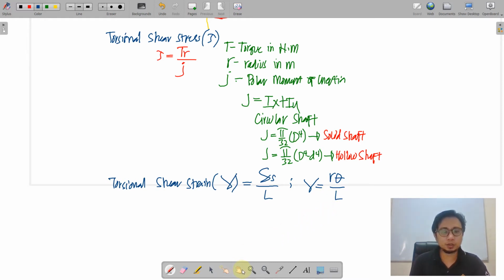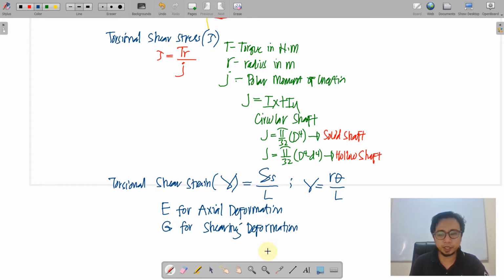Synonymous also to the axial deformation for the proportional limit that is elastic, we have the Young's modulus of elasticity. There is also a corresponding modulus of rigidity for shear stress. So E for axial deformation and G for shearing deformation.